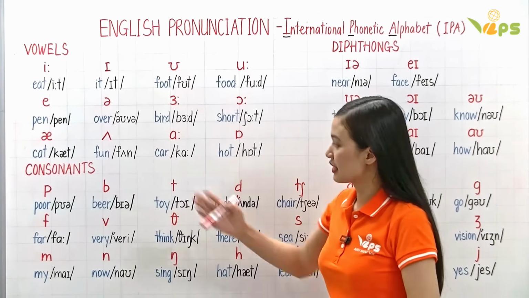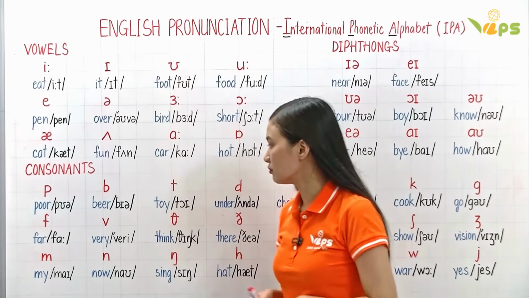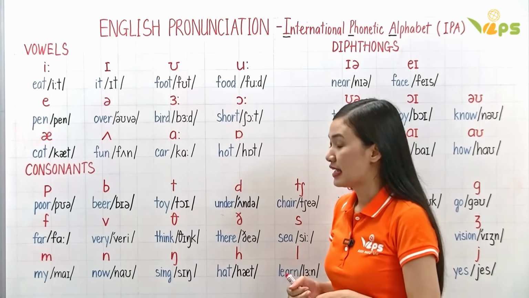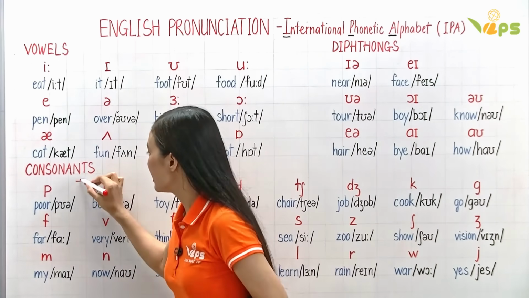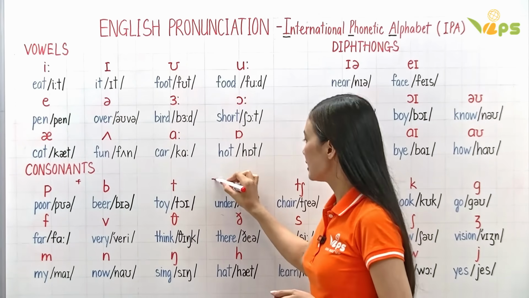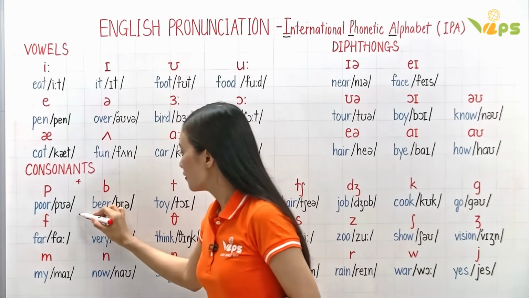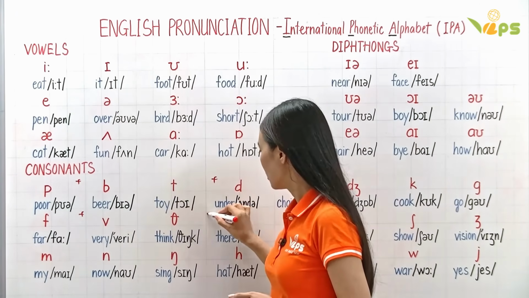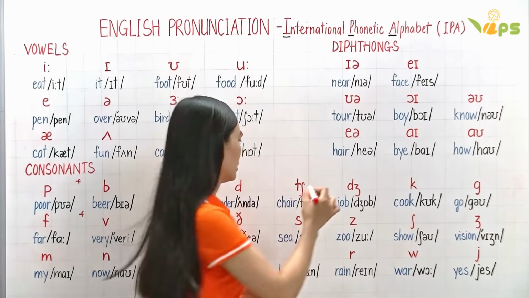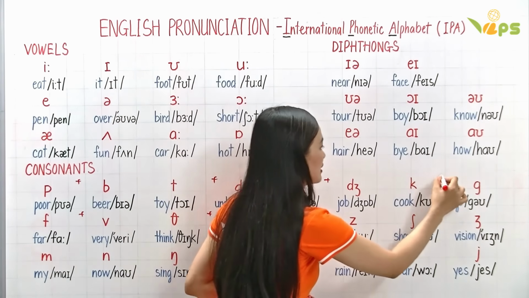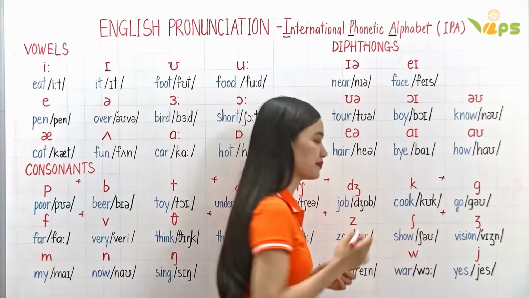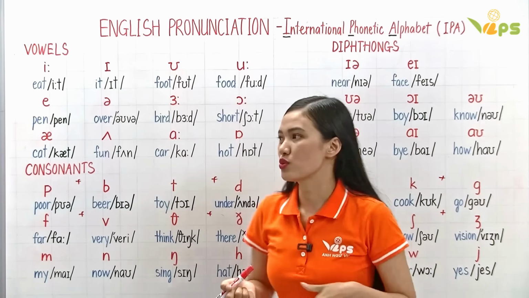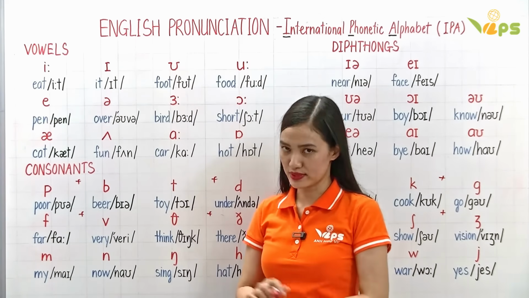Next, with the consonants. 24 sounds, and we have 8 couples. P, B, T, D, this one, 5, 6, 7, and 8. Why do I call them couples?